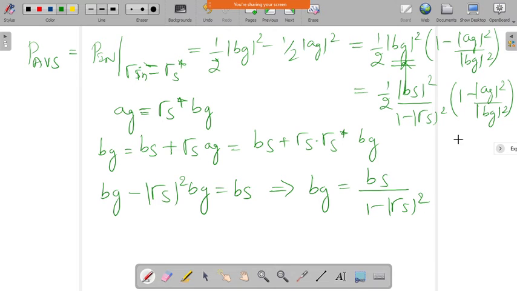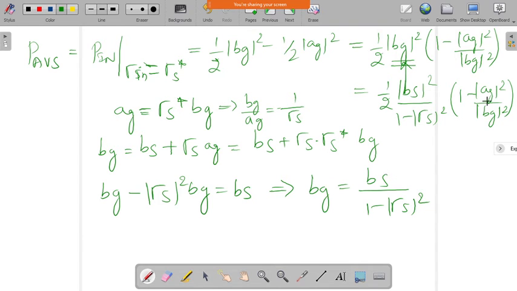Now we can write this in terms of the inverse of gamma: Bg by Ag is nothing but 1 over gamma S, or Ag by Bg is nothing but gamma S complex conjugate.